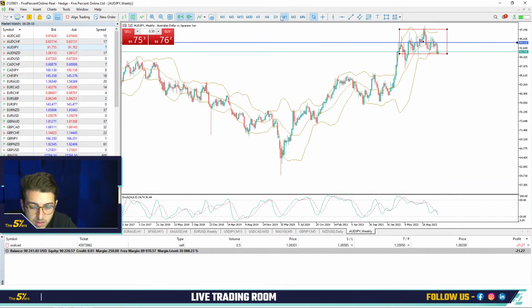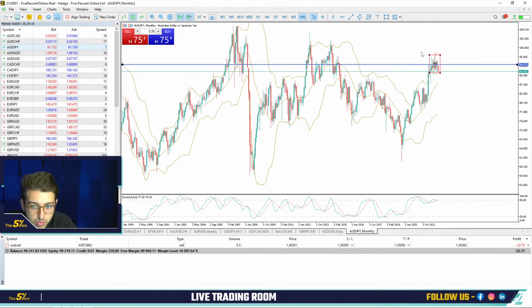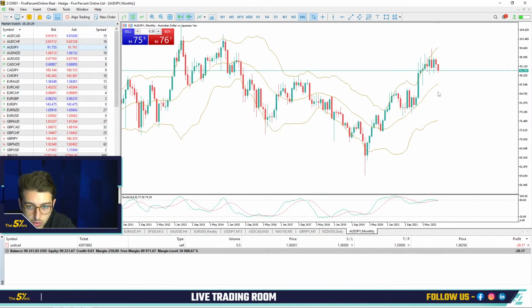But what is starting to make me a bit afraid is that on the monthly chart, you see it starting to behave. We already have a lot of rejection on the top side. We are at the top of the standard deviation. The average is here, and you see all the pin bars on the top that tell the price, hey, you need to calm down.